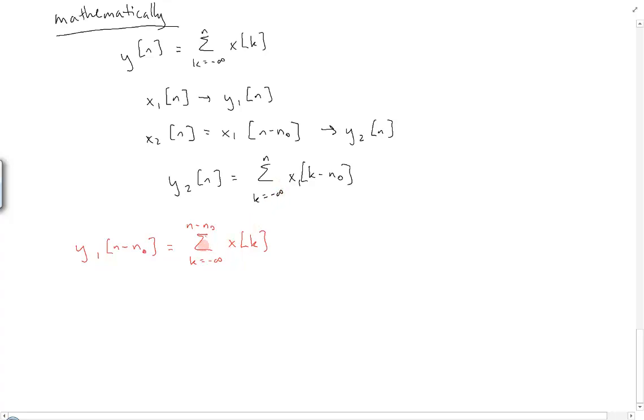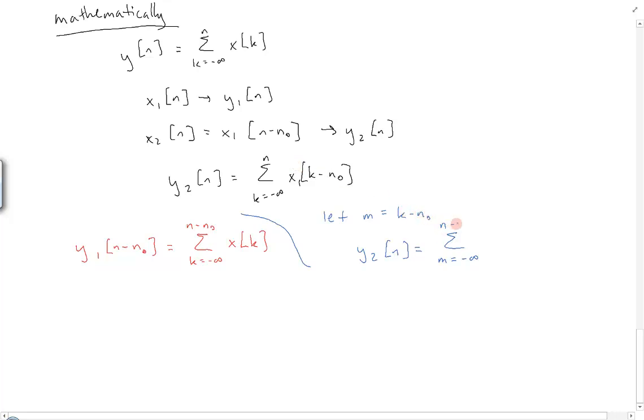And while it seems like they're not because they have a different form, in fact, with a transformation, we can show that they are. Specifically, we're going to say let a new variable, let's say m, be equal to k minus n0. If we plug that into this equation here, we get that y2 is equal to the summation. We interchange k for m, so m still goes from negative infinity, but now it's going to go to the top limit minus n0.